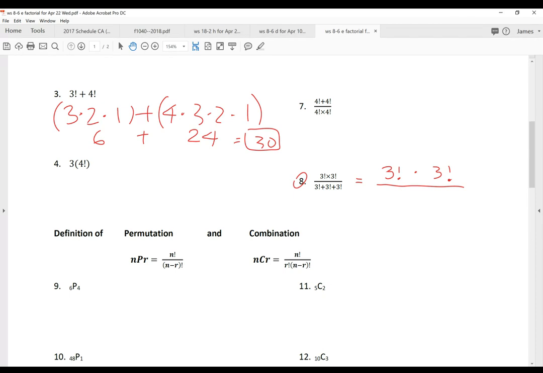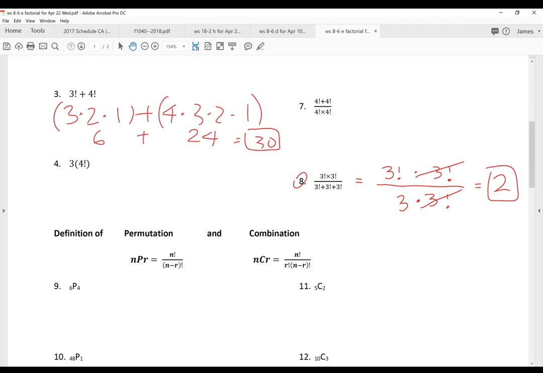So if you have x plus x plus x, that's 3x, right? So this is the same as 3 factorial, but you have 3 of those, so you times it by 3. So this cancels out, and you have 3 factorial, which is 6, divided by 3, which is 2. Okay, you could multiply it out and make sure you get the answer 2 somehow.